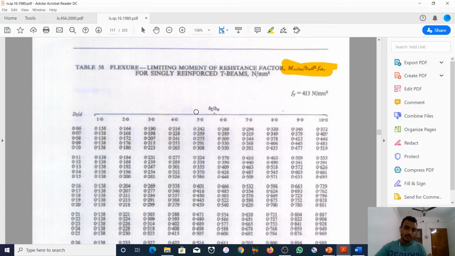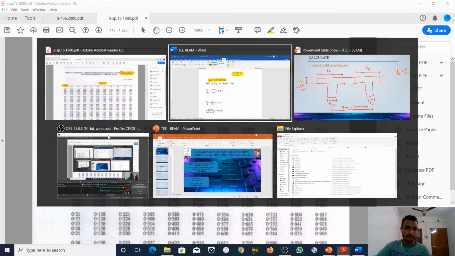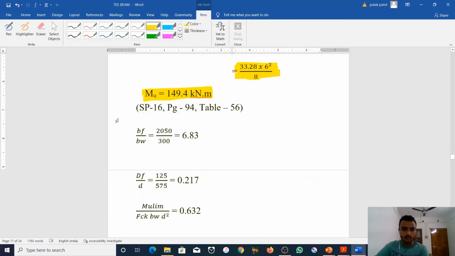First of all, we need BF by BW and capital DF by D. BF by BW: BF is 2050, BW is 300. So we got the value 6.83. BF by BW is 6.83, so overall I can call it 7.